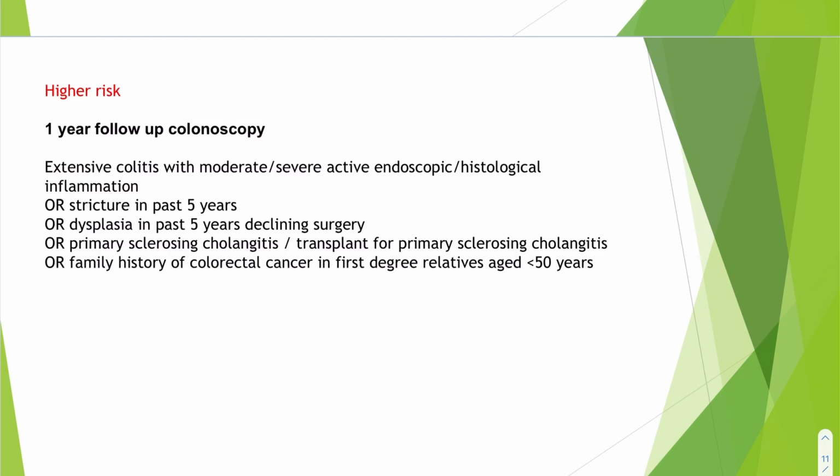So these are the groups which are considered high risk, and we have to do a 1-year follow-up colonoscopy.